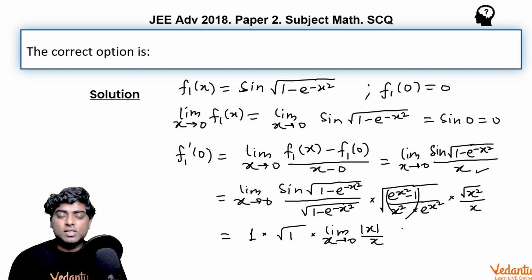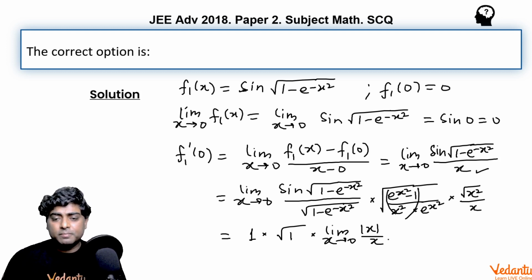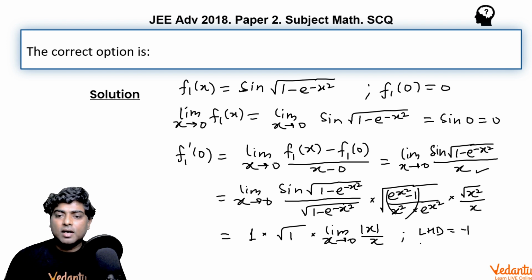So if you see the left hand side of it, you will get minus 1, right hand side you will get plus 1. So LHD here is minus 1, RHD here is plus 1.